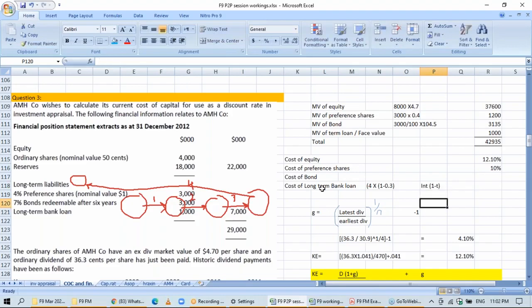We are using this in the case of a term loan. The important thing is that this is a term loan, a bank loan. So this makes a cost of debt of 2.8%.